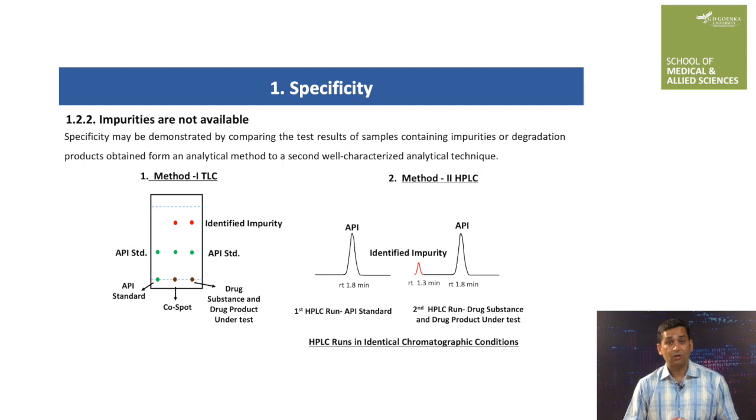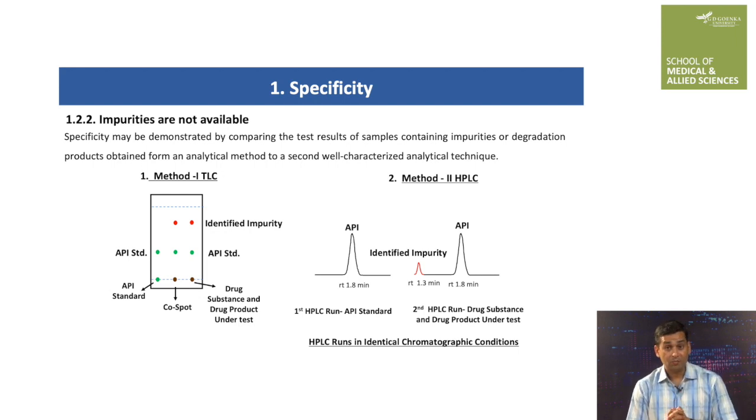In this slide, we will see how we can show the specificity of an analytical method when impurities are not available. In this case, specificity may be demonstrated by comparing the test results of samples containing impurities or degradation products with the results of a second well characterized analytical procedure.